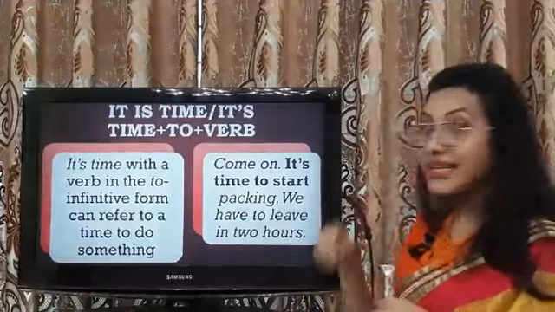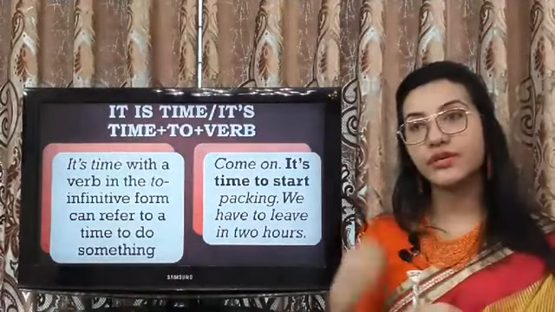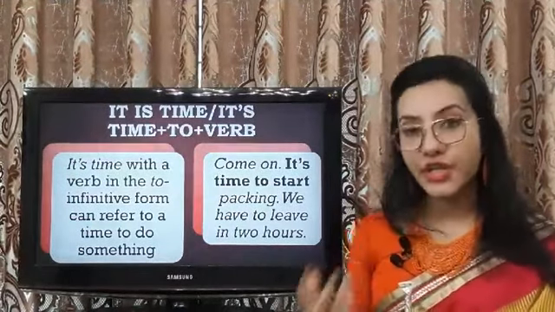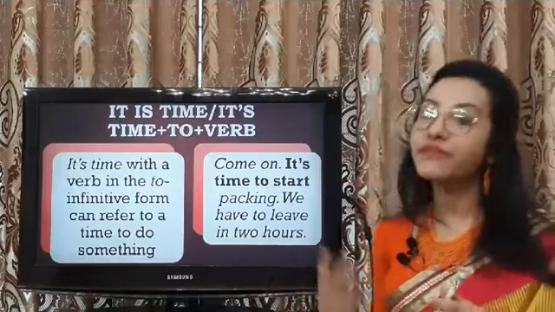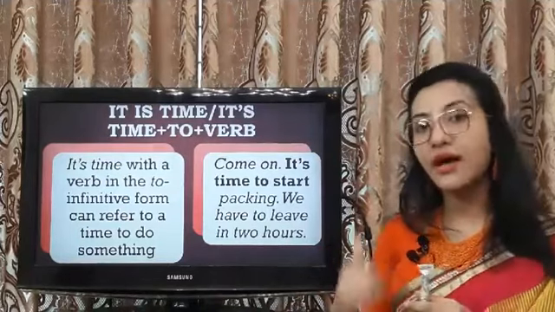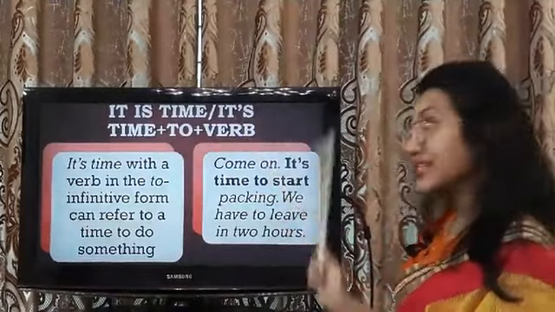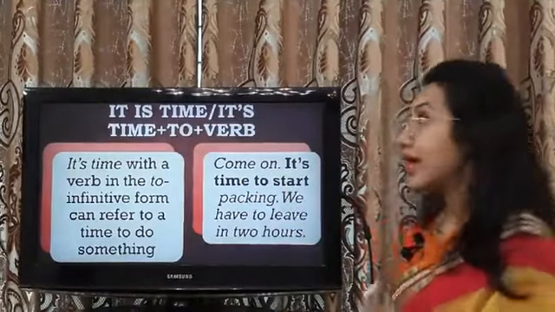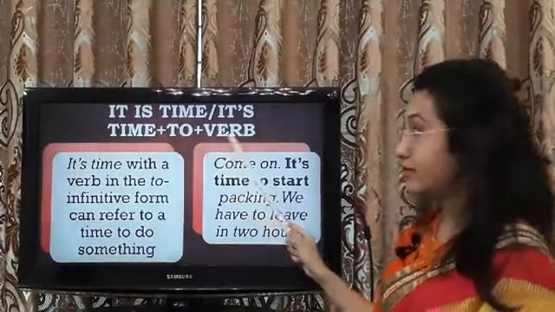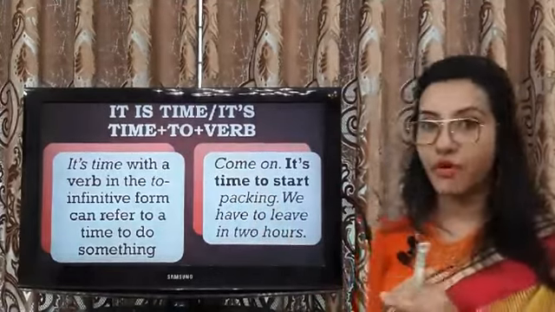Right at that moment you're taking a decision that I have to do something like this, I should do it now. So if you have it is time or it's time in contraction form and then to, then the verb is going to be in present form.